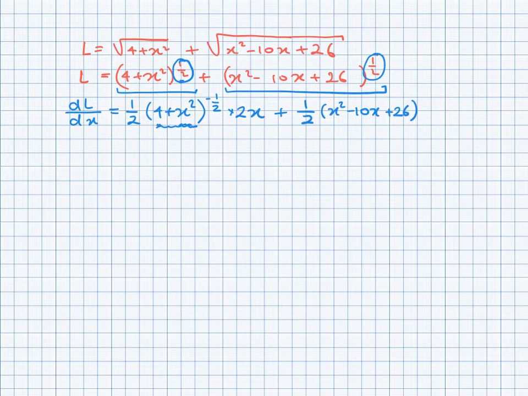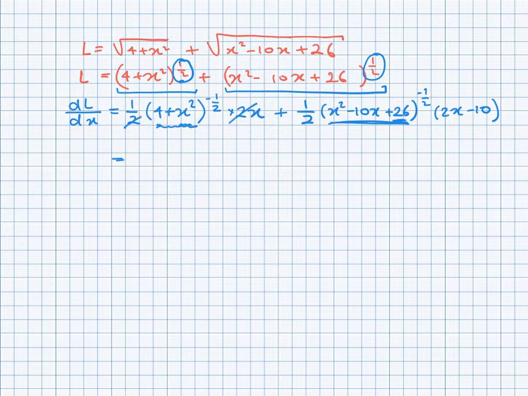So half take away 1 is negative half, and now find the derivative of what is inside. So the derivative of x to the power of 2 is 2x, the derivative of negative 10x is negative 10, the derivative of 26 is 0. So let's rewrite this a little bit.